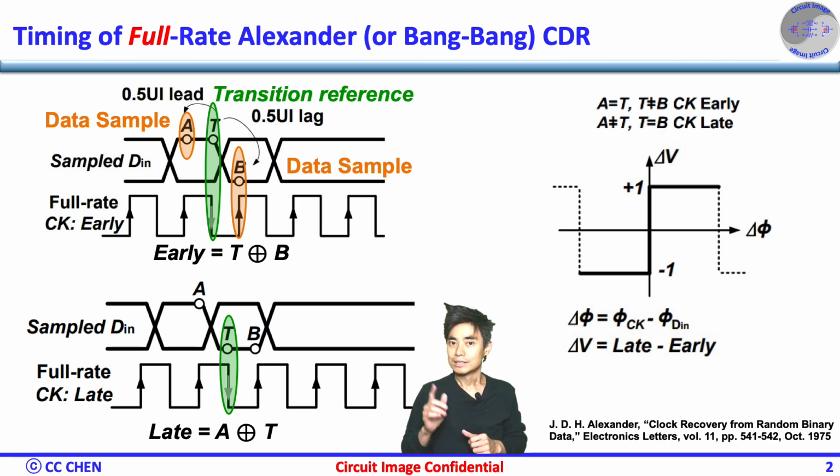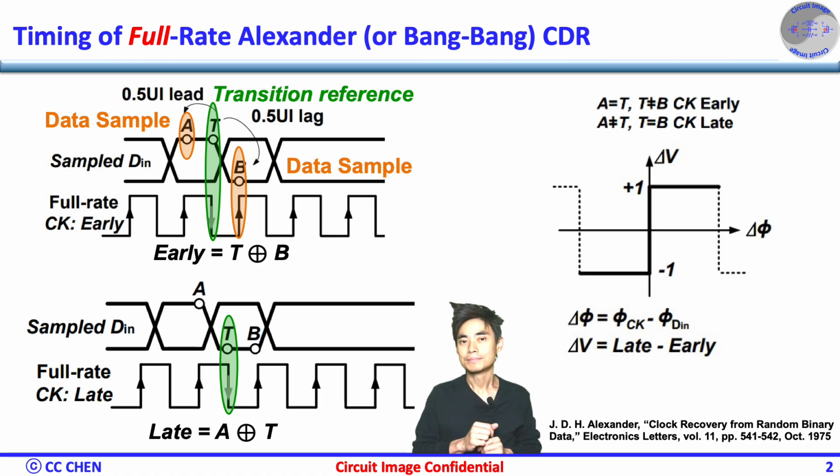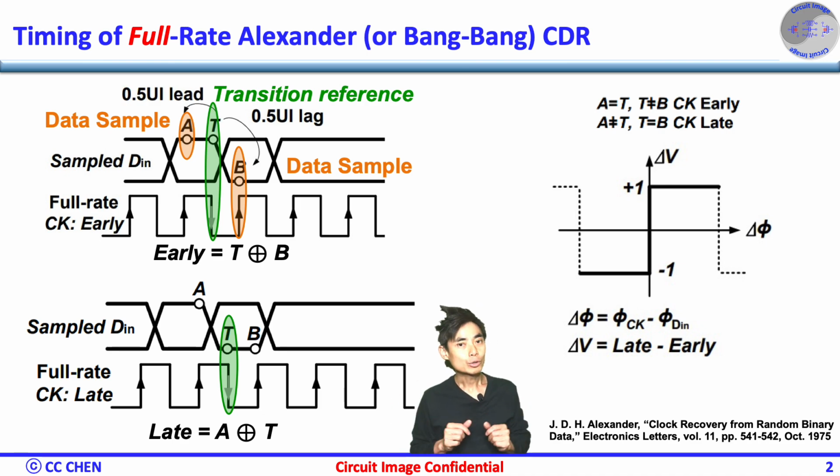Obviously, the transition sample T embeds the clock transition information. In this timing image of a full-rate clock, the clock period is the same as the data's every bit period, over one unit interval, UI.